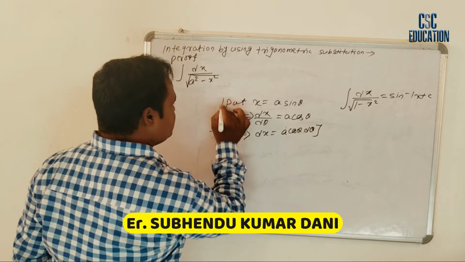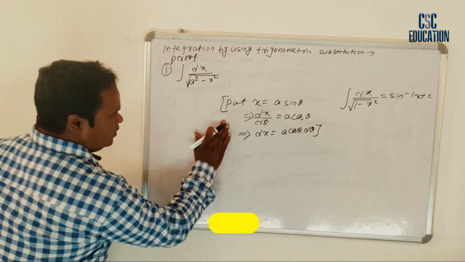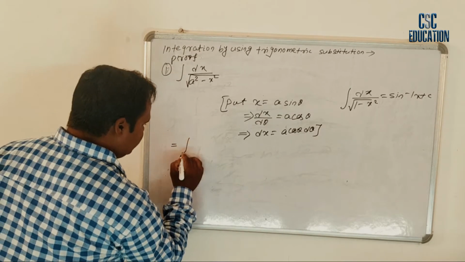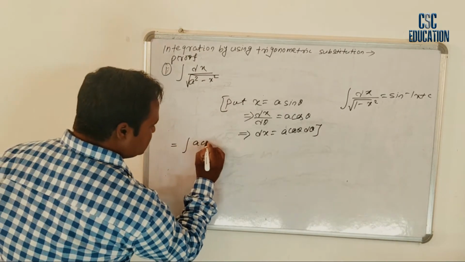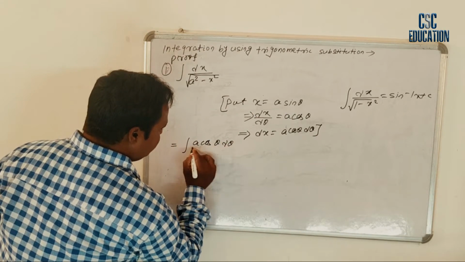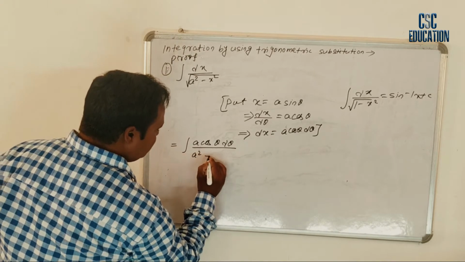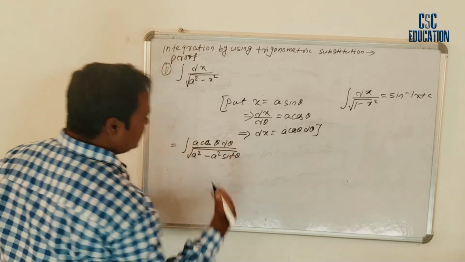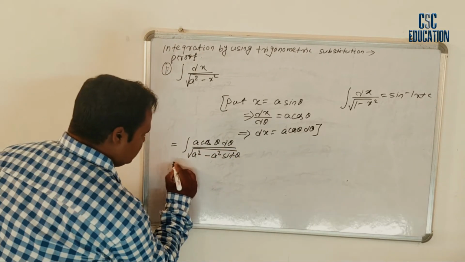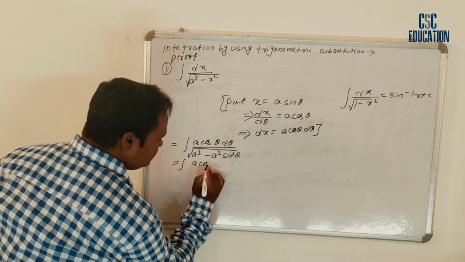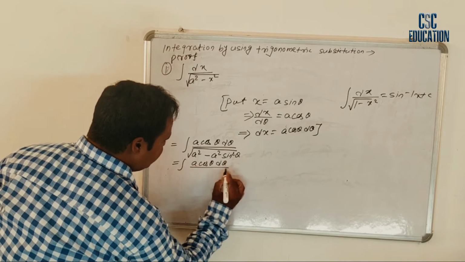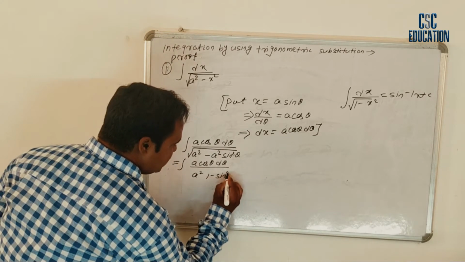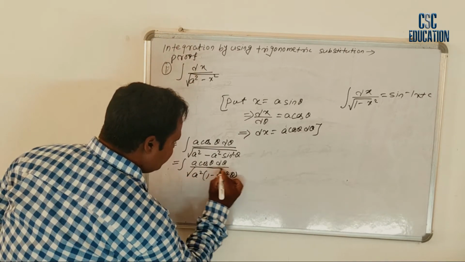Now substitute all the values in the given integration. This equals the integration of a cos theta d theta divided by the square root of a square minus a square sine square theta. Now this equals a cos theta d theta divided by the square root of the common factor a square times 1 minus sine square theta.